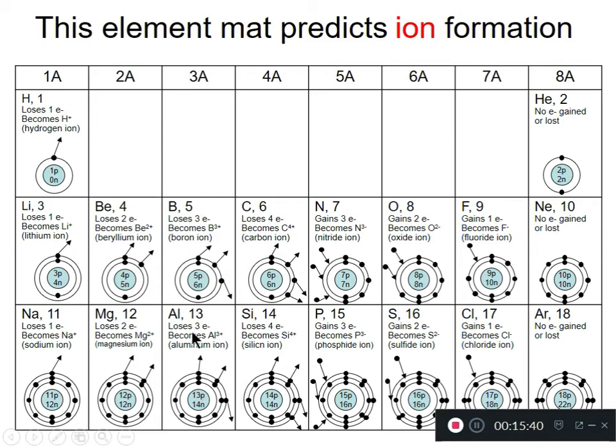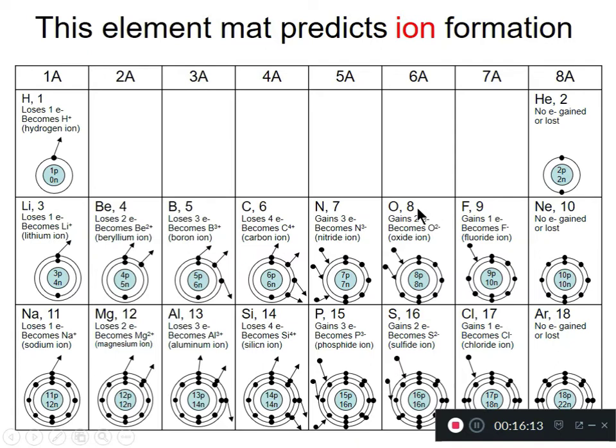Let's look at aluminum. It loses 3, and again, when it finishes, its highest occupied orbit would be orbit 2, and there will be 8 electrons in it. Same thing with magnesium. Let's flip over here to the gain side. When I look at nitrogen, when it gains 3 electrons and they go here, I will now have 1, 2, 3, 4, 5, 6, 7, 8 electrons in the second orbit, which is the highest occupied orbit.